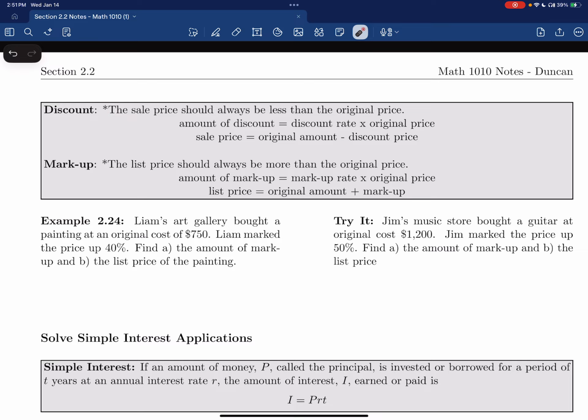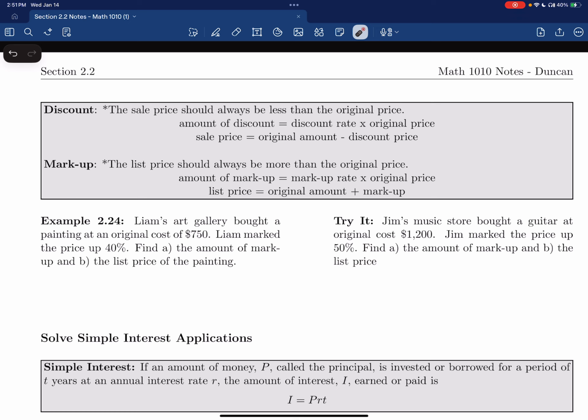If you're buying something on sale, you just assume that it will be less than the original price. A couple important equations: the amount of discount is equal to the discount rate times the original price. The sale price is equal to the original amount minus the discount price.